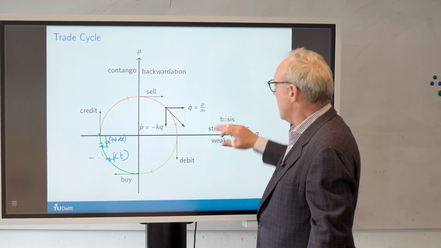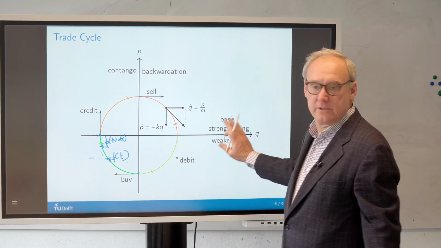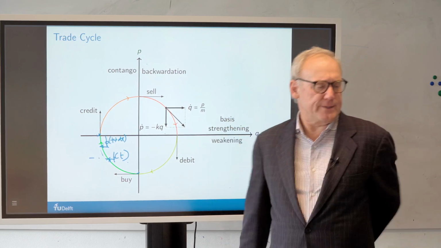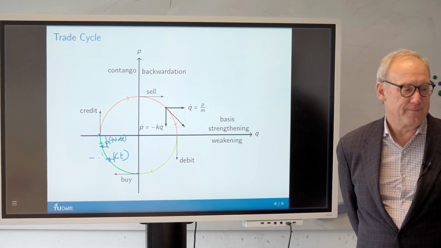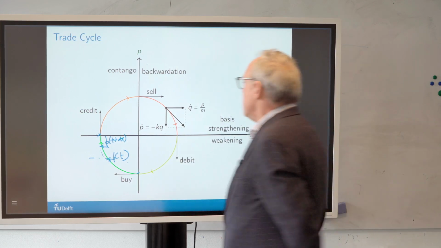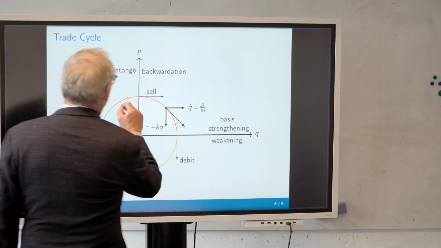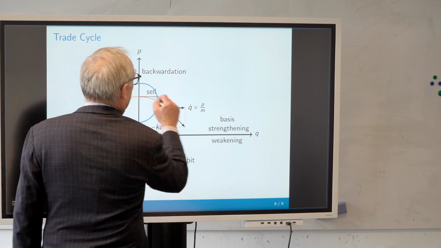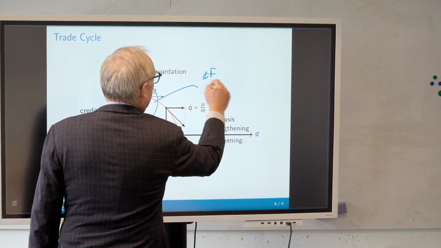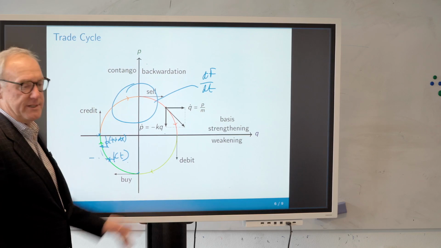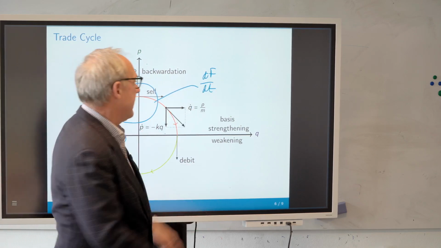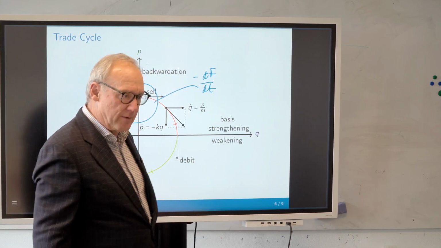So this is the motion of the force. Did you see that? In the top part, you're reducing the amount of stock, right? The basis is the convenience yield, right? Is the negative, right? Okay.